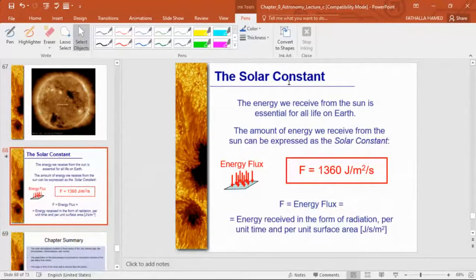Now, the last thing that we want to talk about here, which we call the solar constant. And the solar constant is basically the energy we receive from the sun, which is essential for all life on Earth. Remember in chapter number 5, when we talked about the electromagnetic waves. So the sun now is producing all of these electromagnetic waves.